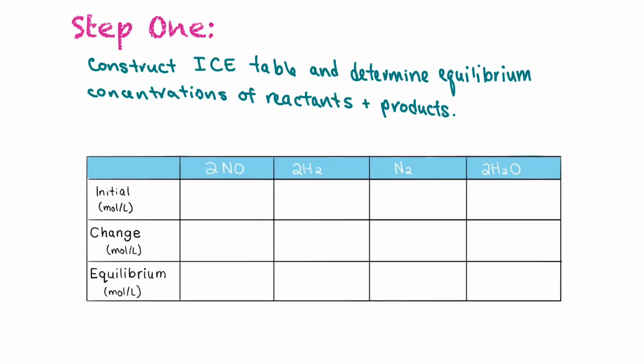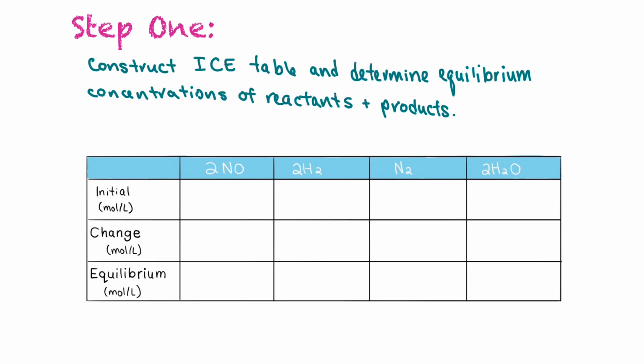So the first thing we need to do is set up what is known as an ICE table, and then we can plug our values in to find out the equilibrium concentrations of the reactants and products. ICE stands for initial concentration, the change in concentration, and the equilibrium concentration. Remember, things happen in ratios with one another.